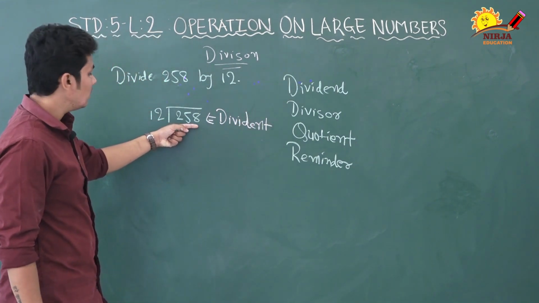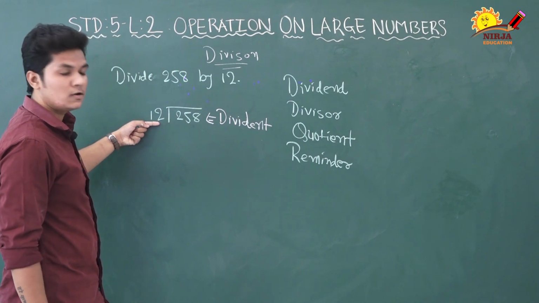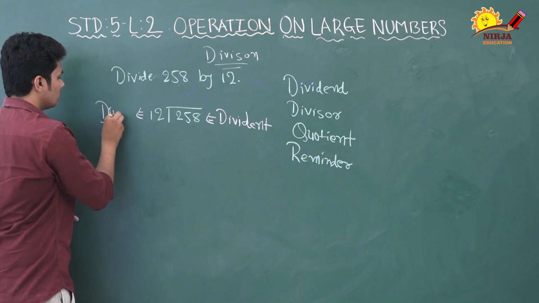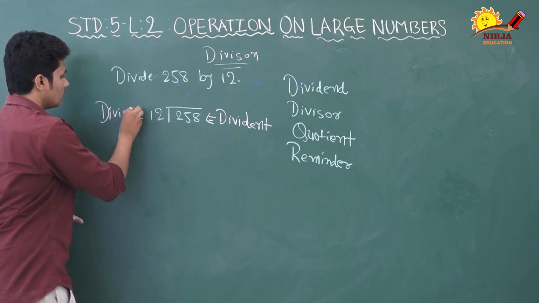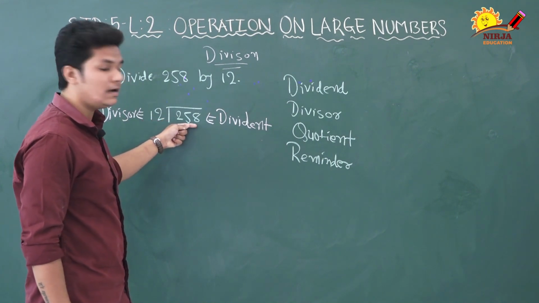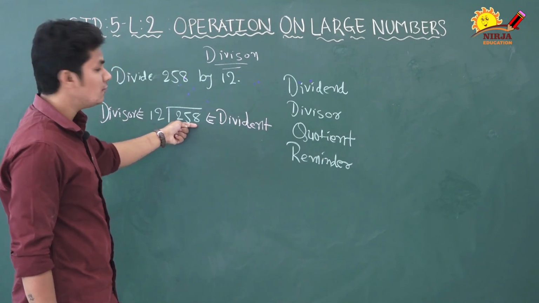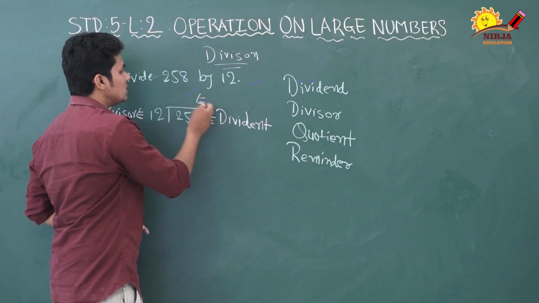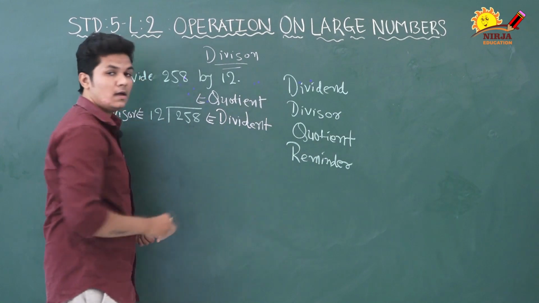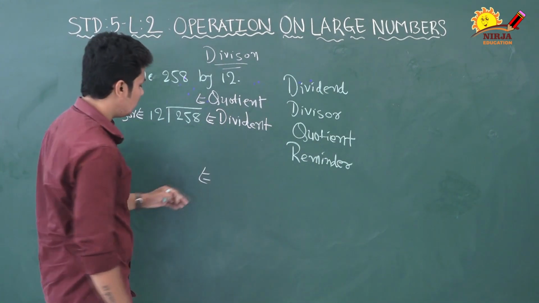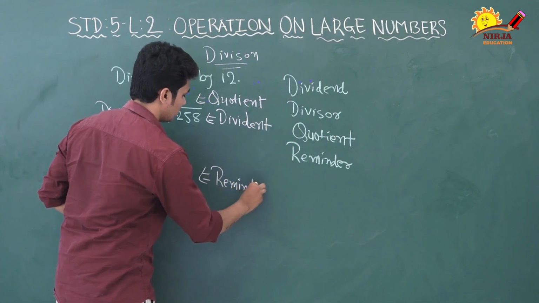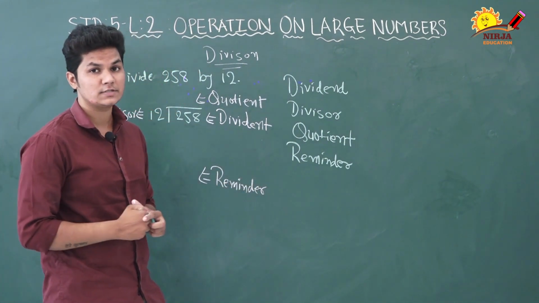We are going to divide this number by 12, so this is the divisor. We will find out how many times 12 is contained in 258. So the final answer we will get here is known as quotient, and the leftover number in the end is known as remainder. Okay, so let's do the sum.